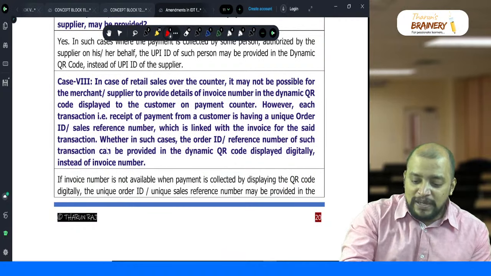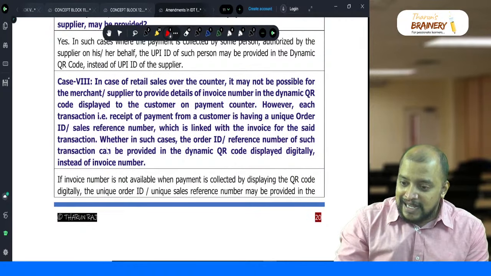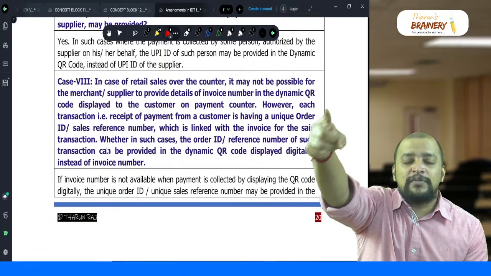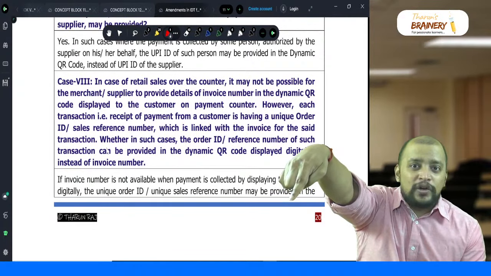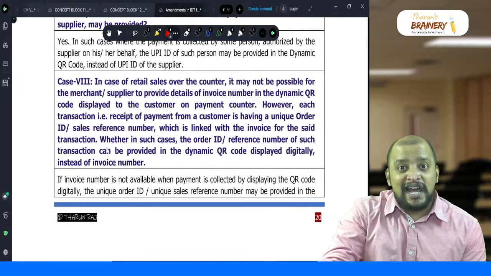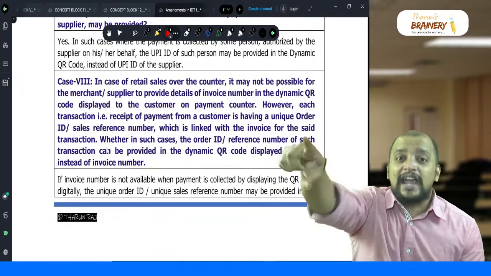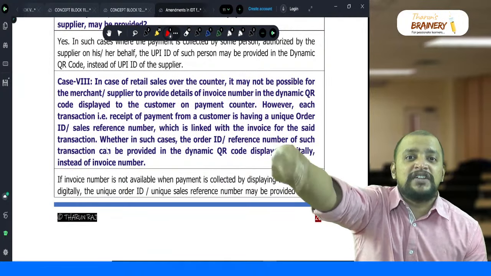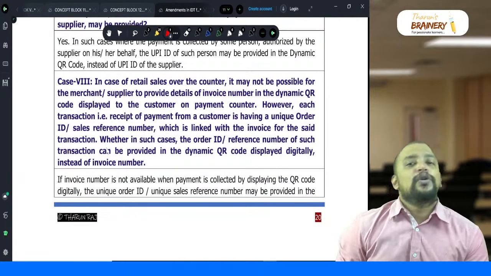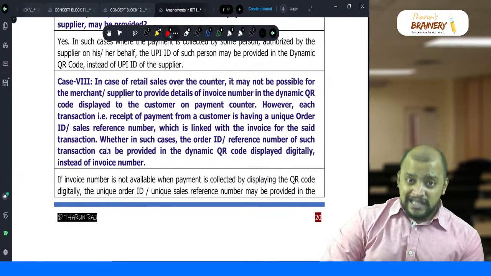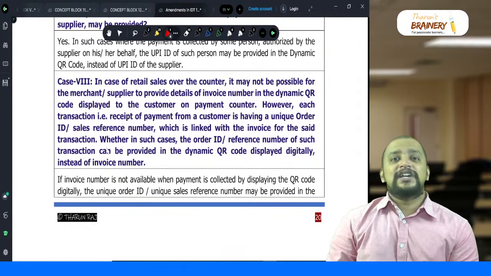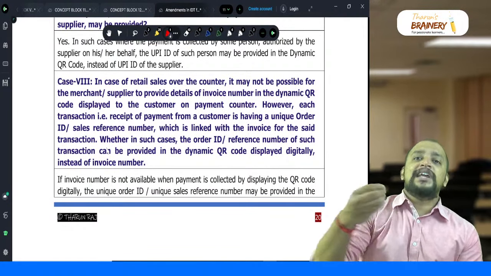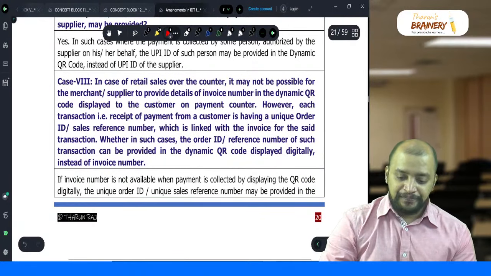The bill will be generated here, enter, and one QR code will come. They will ask the customer to make the payment through that QR code. Then the next invoice, again the device will have a different number, a different QR code. You understood? Now, does the invoice number need to be entered? Not necessary. That's why they follow a unique reference number.